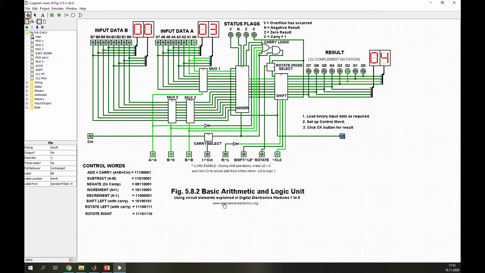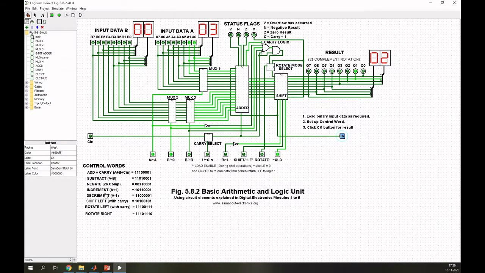So we created now a command which defines that I want to decrement the input of data A. So the decrement is 11000001, and if we set the clock, so we should find 2.